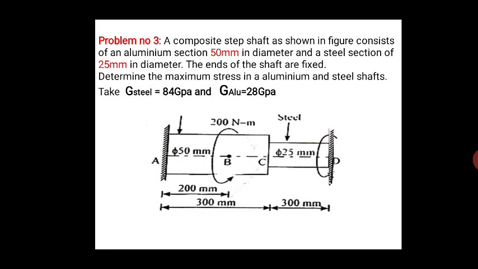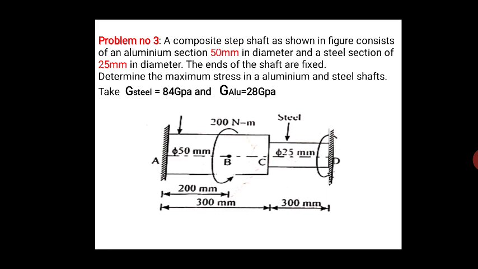This is a composite shaft, and the composite shaft is made up of one aluminium shaft and the other one a steel shaft. The steel shaft has a length of 300 mm and the aluminium shaft has a length of 300 mm, and the diameter of the steel shaft is 25 mm and the diameter of the aluminium rod is 50 mm.